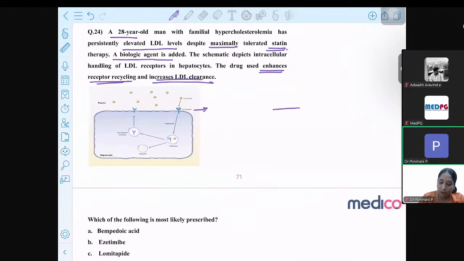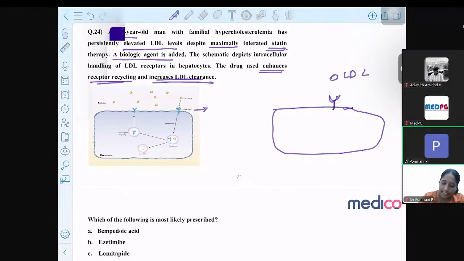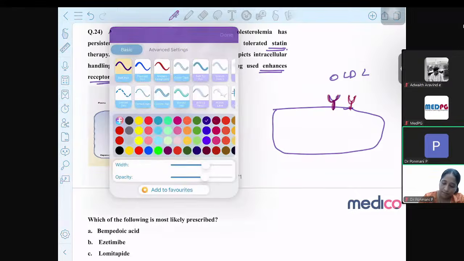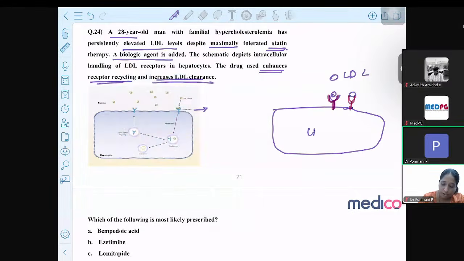So please note, inside the liver, the LDL which is there in the blood will be taken inside with the help of an LDL receptor. Okay, so this LDL receptor will take the LDL into the liver.